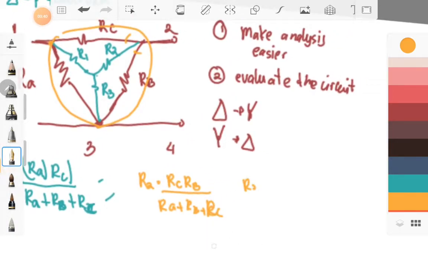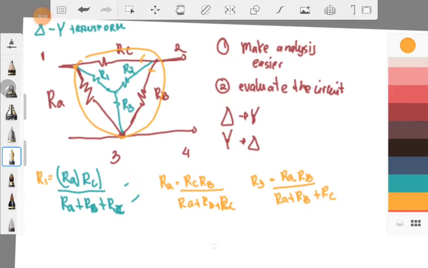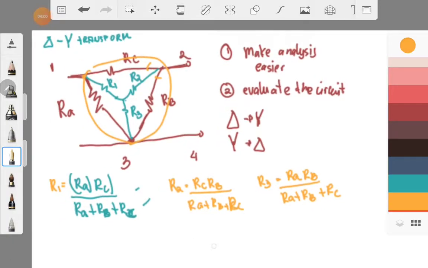So, you can see that it is also equal to RA multiplied by RB divided by our RA plus RB plus our RC. These are the formulas for your delta to Y transformation.